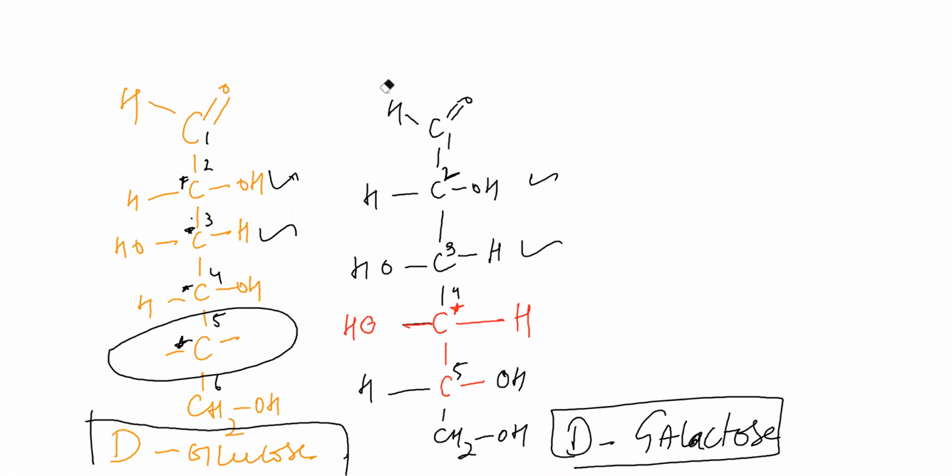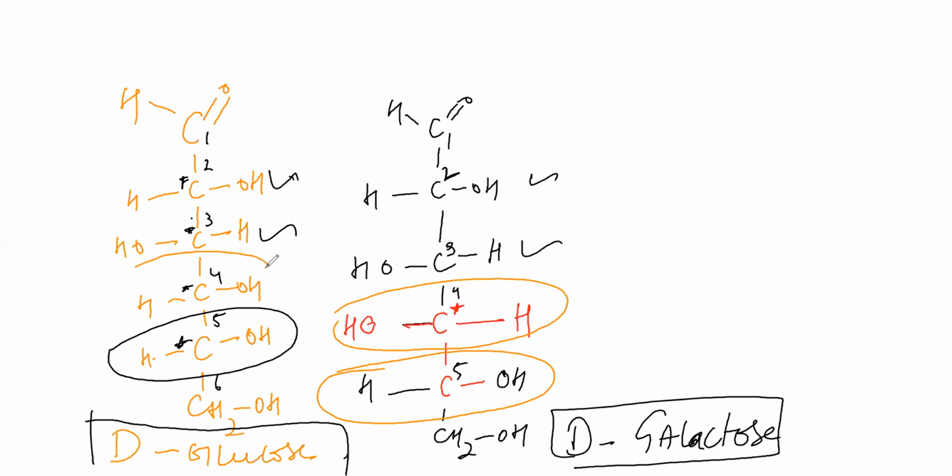This is D-glucose, and this is carbon number 5. This is D-galactose. They are the same here, but the only difference is at carbon number 4. At carbon number 4, you'll see that. Here it is OH and H.